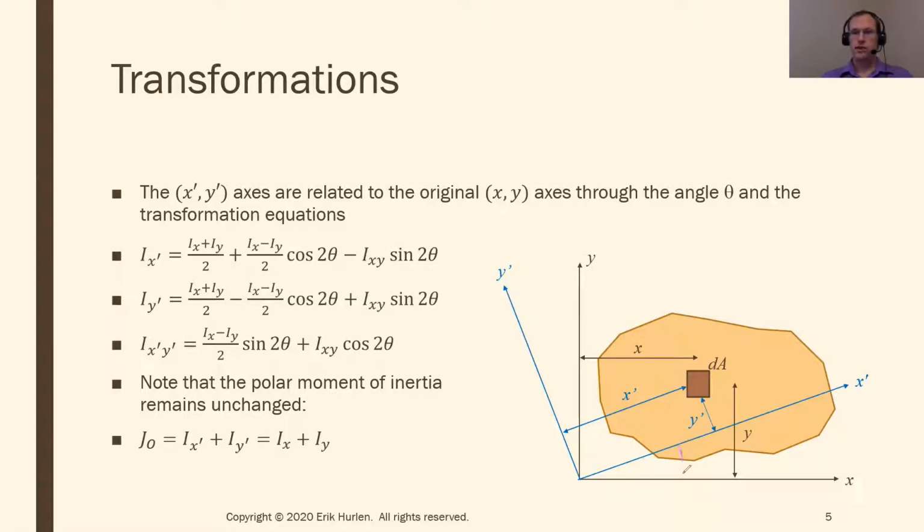So whatever this angle is here, that's your theta value. And then subtract Ixy, the product of inertia, times sine of 2 theta. That's why we needed the product of inertia, so that we can do these transformations and find my new values, Ix prime, Iy prime, and a new product of inertia, Ix prime y prime, based on the old values Ix, Iy, and Ixy.